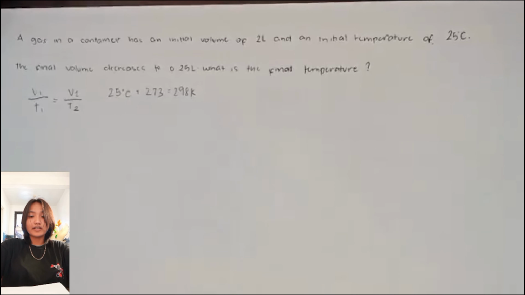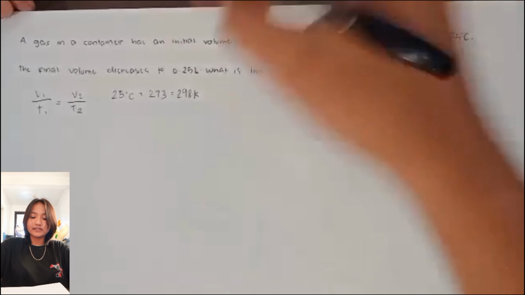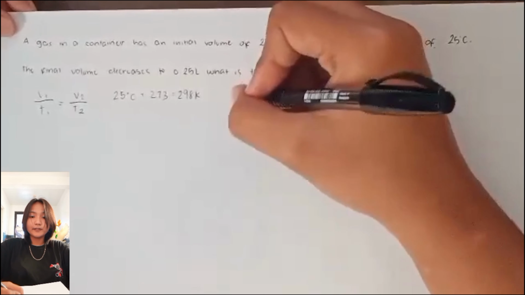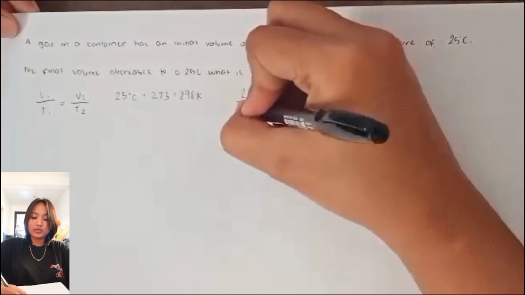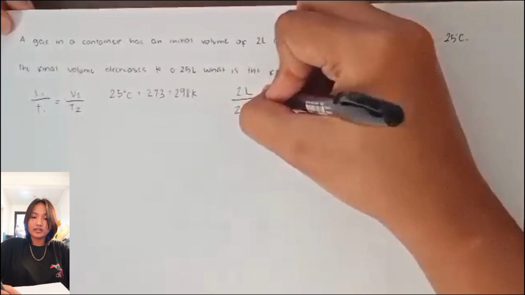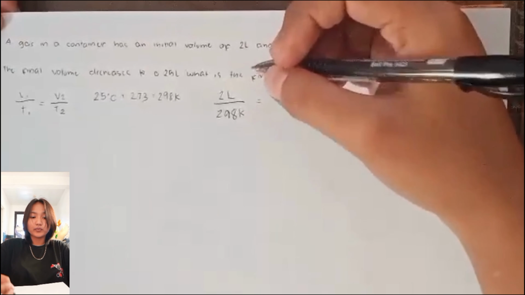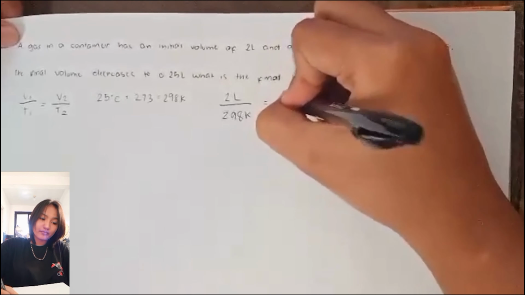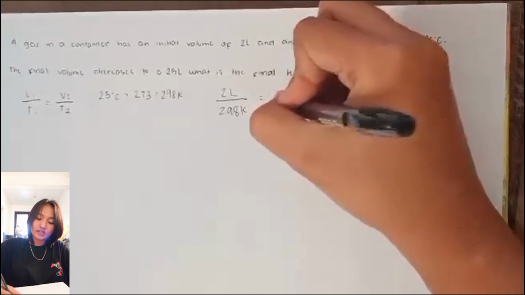A gas in a container has an initial volume of 2 liters, so my V1 is 2 liters. An initial temperature of 25 degrees Celsius, so that is 298 Kelvin. The final volume decreases to 0.25 liters. What is the final temperature? So we are solving for T2.